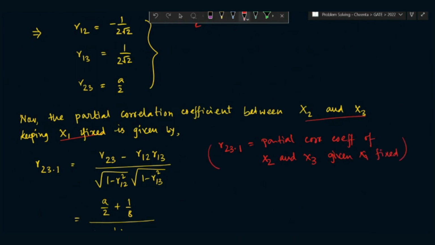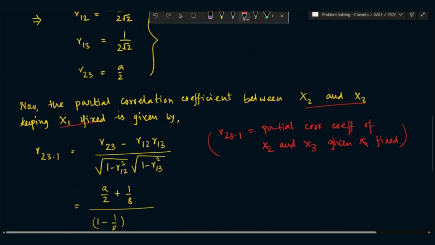This formula is R23 minus R12 into R13, divided by root over 1 minus R12 squared, into root over 1 minus R13 squared. So we have the values of R23, R12, R13.